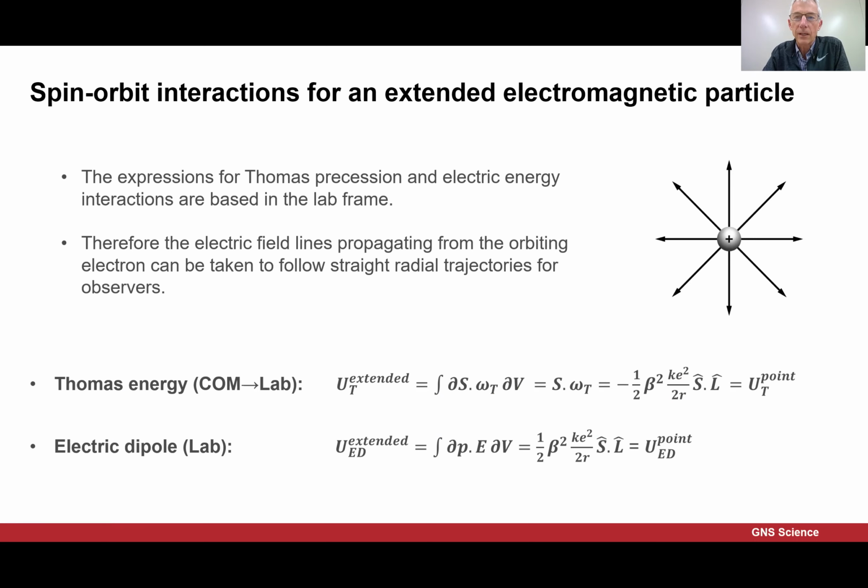So when we integrate the electromagnetic mass for the electron in that frame of reference, they integrate into that of a point particle. So those interactions are equivalent to a point particle interaction.